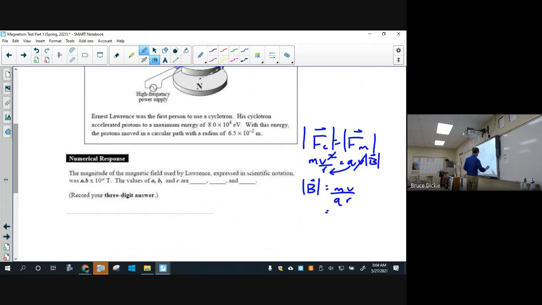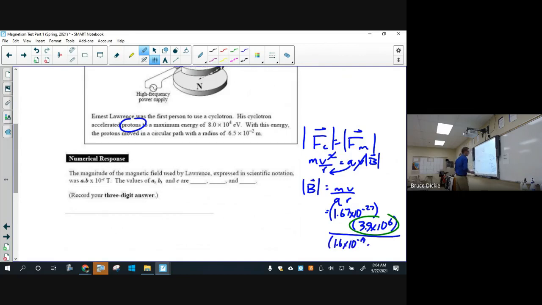The mass of the proton, again, we're talking about protons here, is 1.67 times 10 to the minus 27. The speed that we got in the previous question was 3.9 times 10 to the 6, although that speed you may have gotten wrong, and whatever speed you put in there would give you a correct answer. Now the charge is 1.6 times 10 to the minus 19.